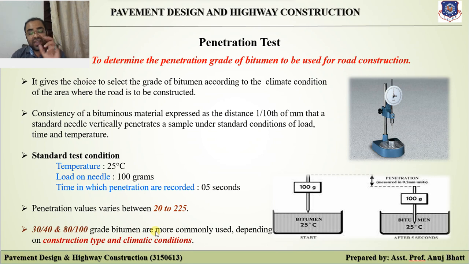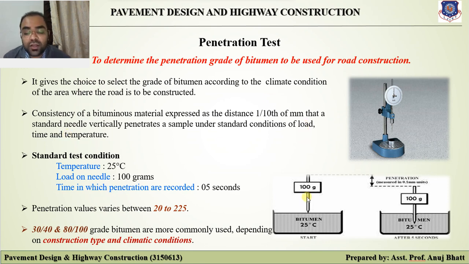Now what do the 80/100 and 30/40 grades mean? That means that the penetration value of the bitumen is in the range of 80 to 100 or 30 to 40 at standard test condition. So this is about the penetration test.